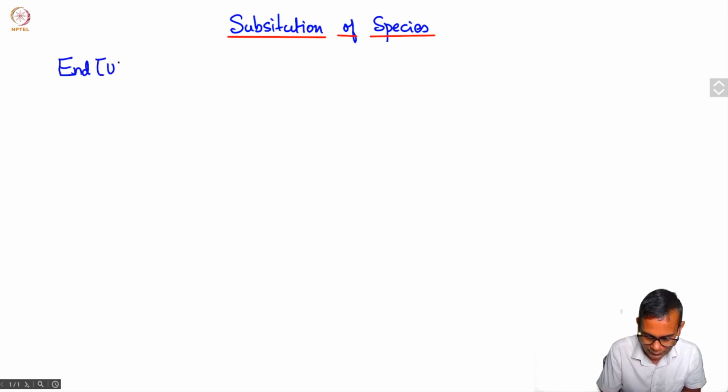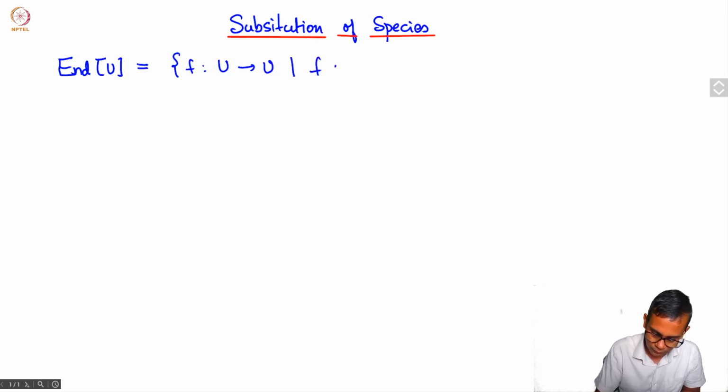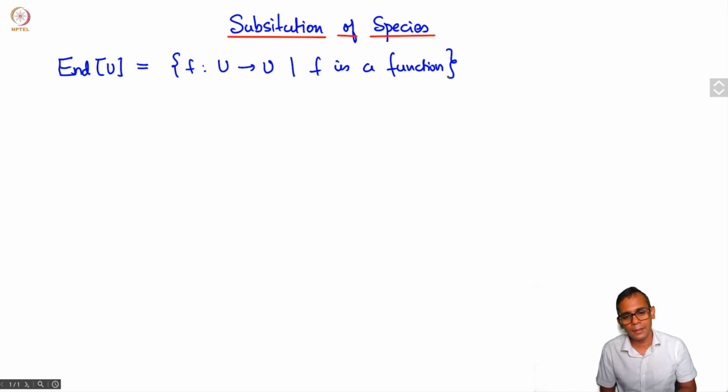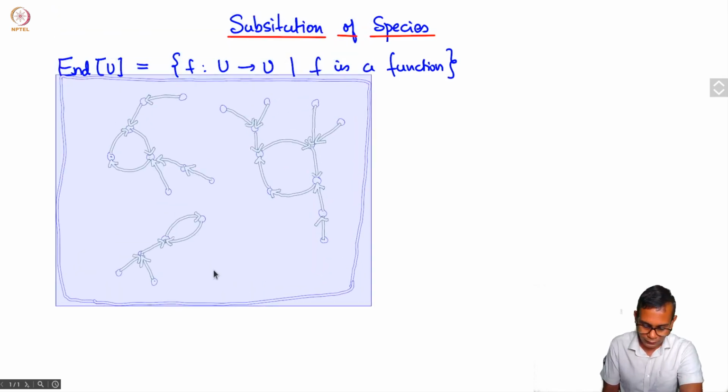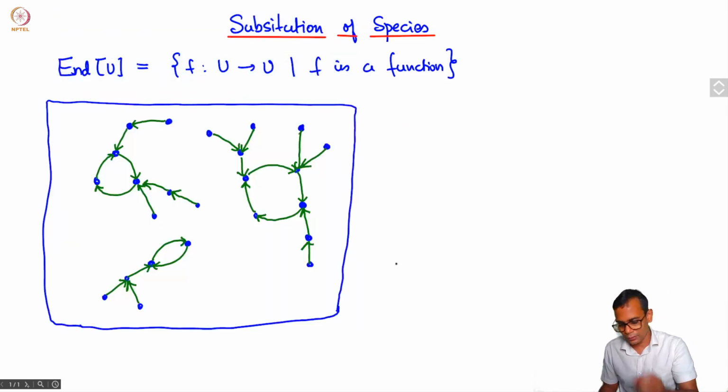An F-structure on U is just all functions f from U to U. And you can visualize an endofunction as follows. You can just think of it as a directed graph where every vertex has exactly one out edge.